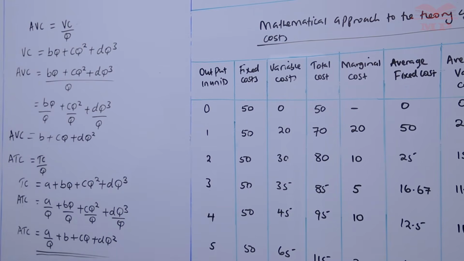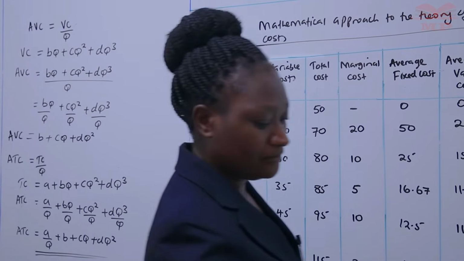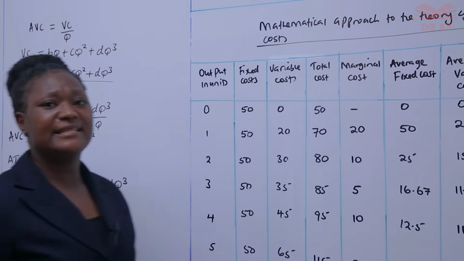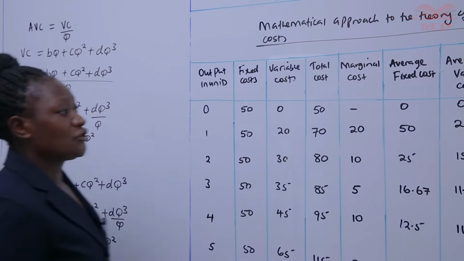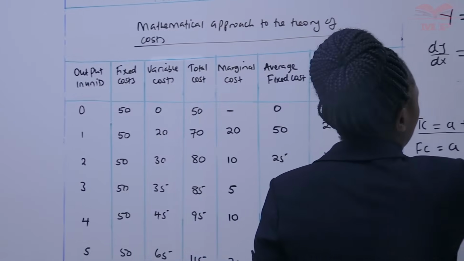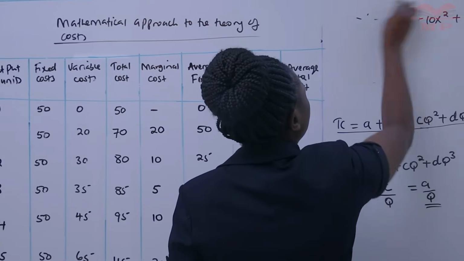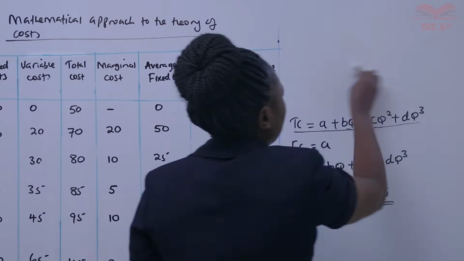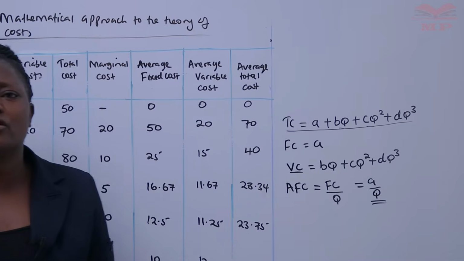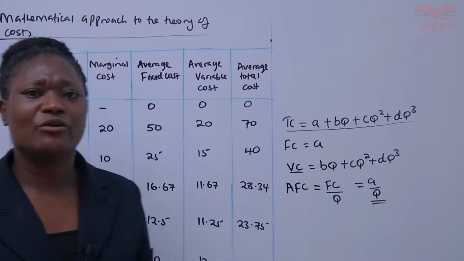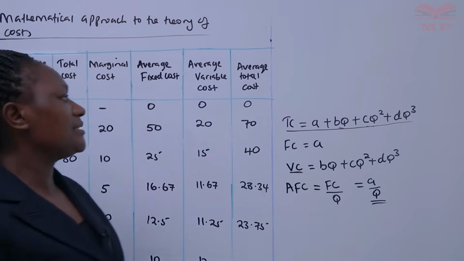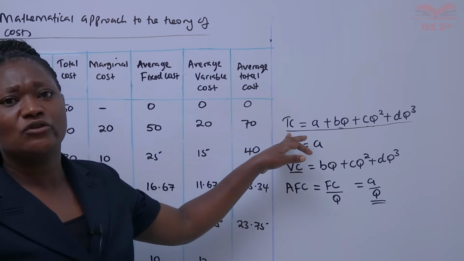There are again some instances where you will be told to calculate the marginal cost. So if you've been given the total cost function and you are told to determine the marginal cost function, you simply differentiate the total cost function.